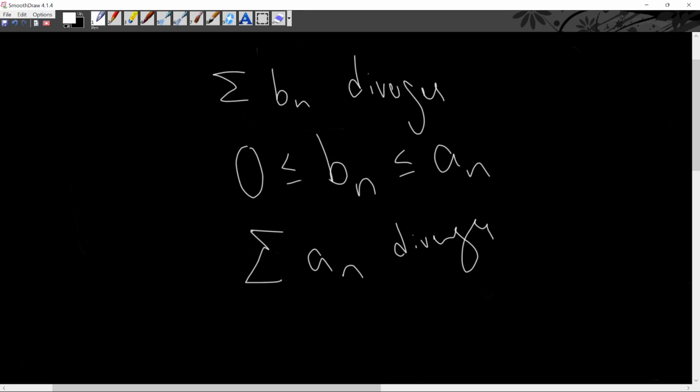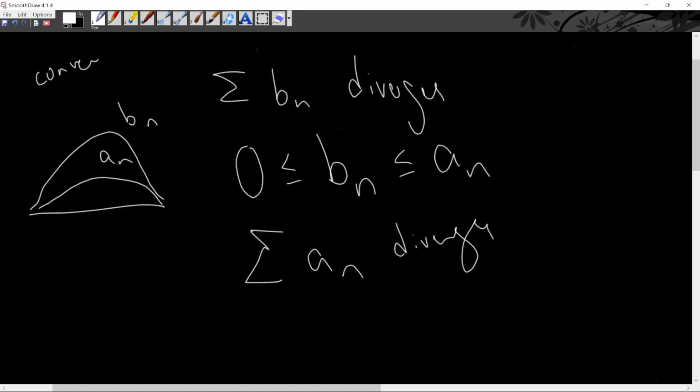Like if you try and draw it, I'm going to draw it as a function, but just imagine this is a sequence. Let's say this is b sub n, and this is a sub n, and we're going to start with the converges idea. Let's express the sequence of partial sums as a function.